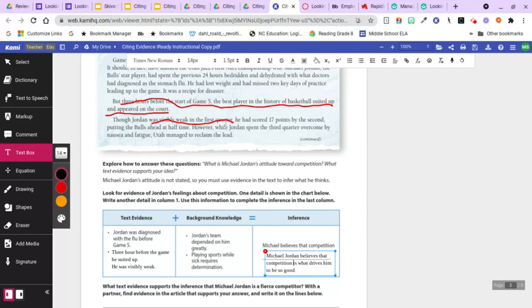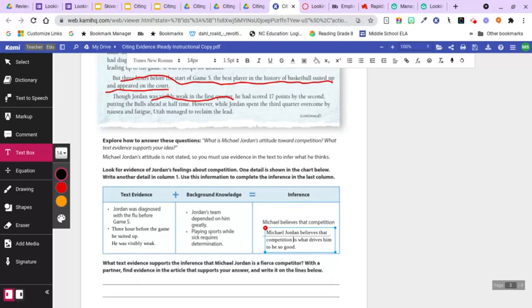He was visibly weak in the first quarter, but he scored 17 points by the second quarter, right? Okay.